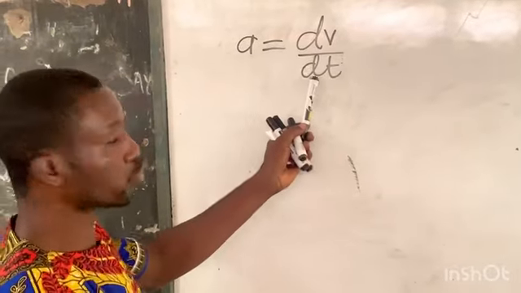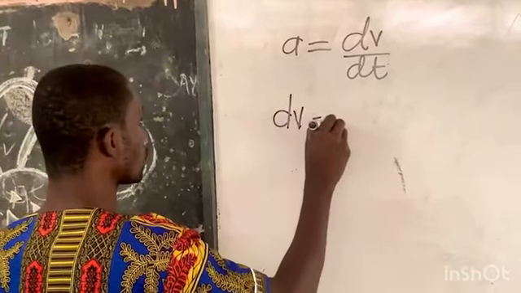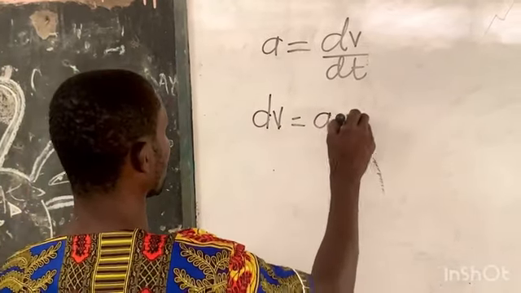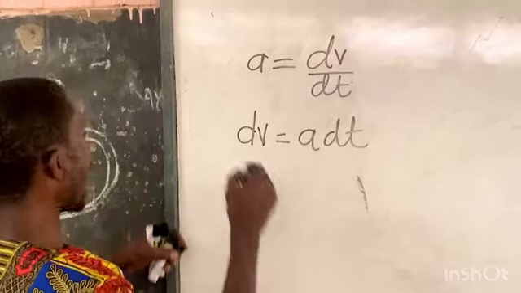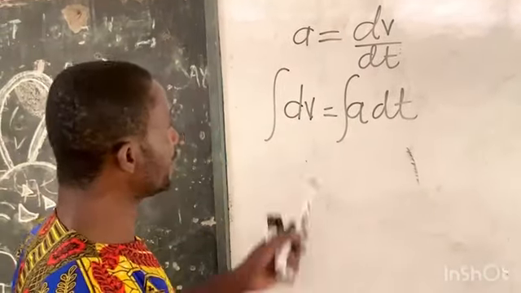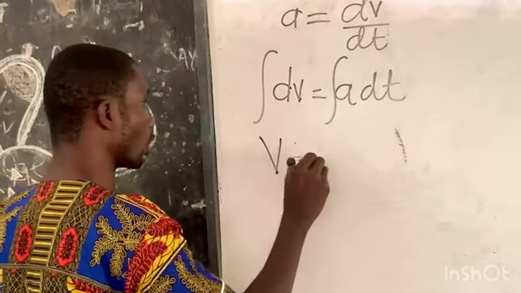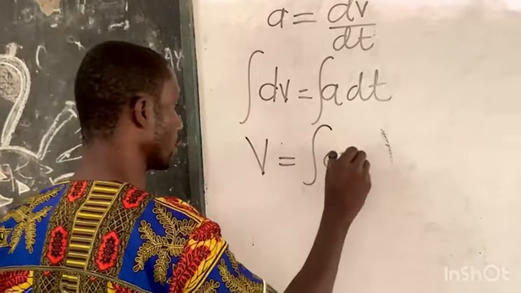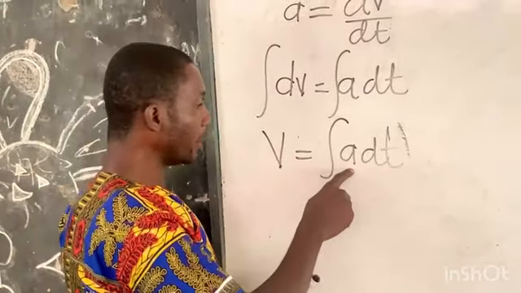So if I multiply through by dt, I will get dv is equal to a dt. Now, I integrate both sides. If you integrate dv, you get v, the velocity, which is equal to the integral of a with respect to time.